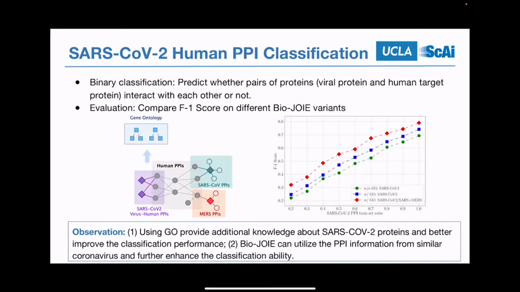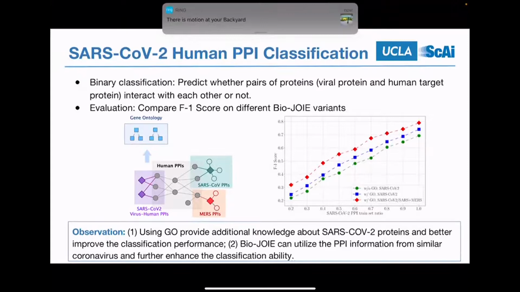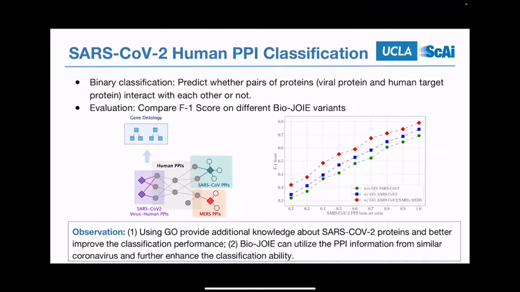You can see that, of course, the more training data we use, the better the result. The red, blue, and green lines show how much more information we incorporate. There's no human PPI, no human and SARS-CoV-2 PPI, no interaction between human and SARS from a few years ago, and also MERS. After we add one more domain, you can see the result gets better.